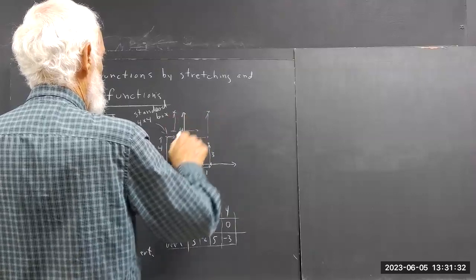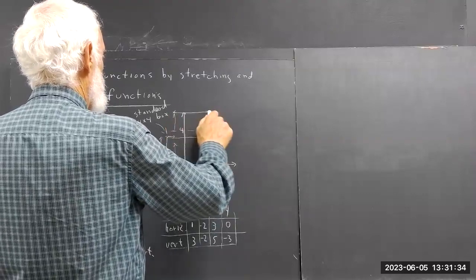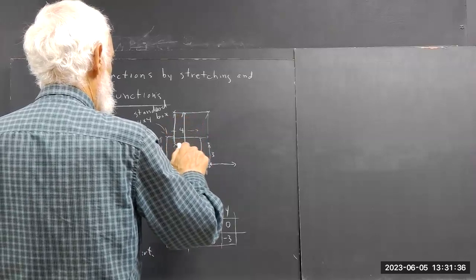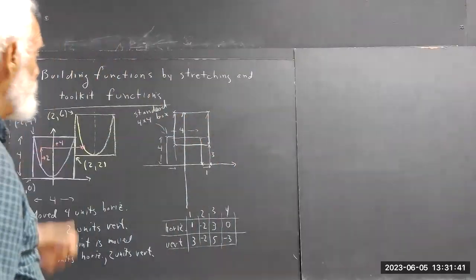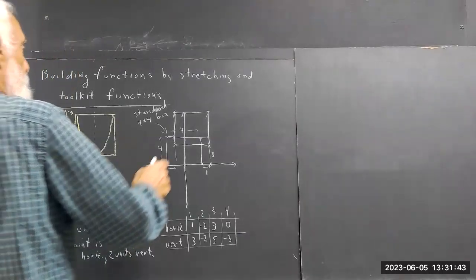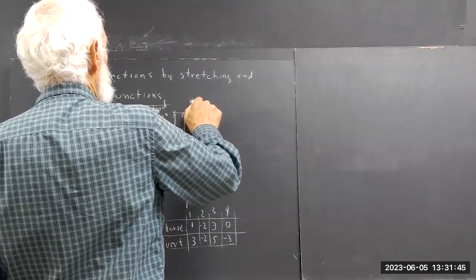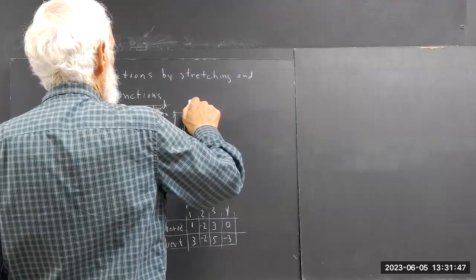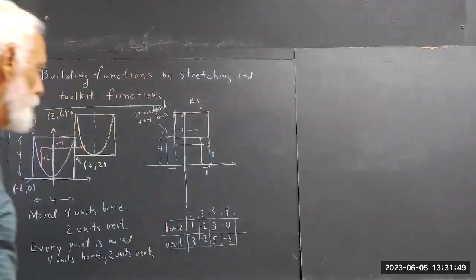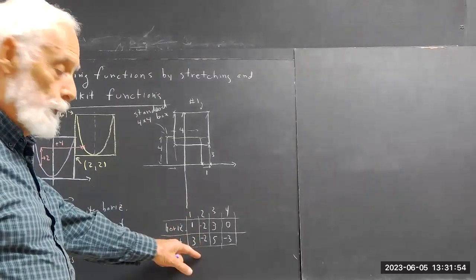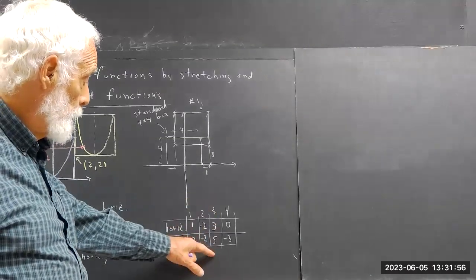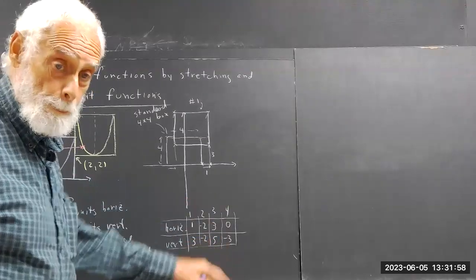So now I've got 4 points, and the graph is going to look like this. Okay, so this is number 1. Now see if you can do number 2, and number 3, and number 4.